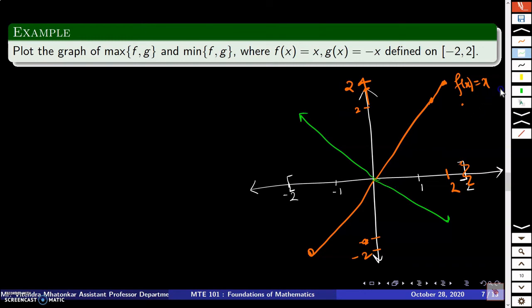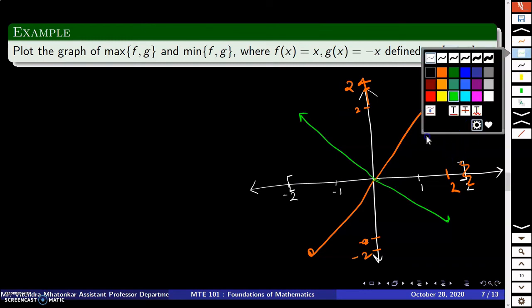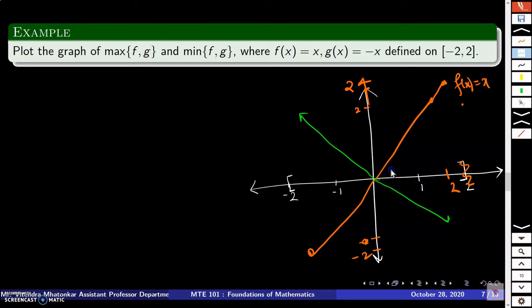So at each point in the domain, what you do is you look at the maximum. So at 2, you see what is the maximum. The value of the function f is here and the value of the function g is here. g of x is equal to minus x. And the maximum of this point and this point, you can easily see that it's this.